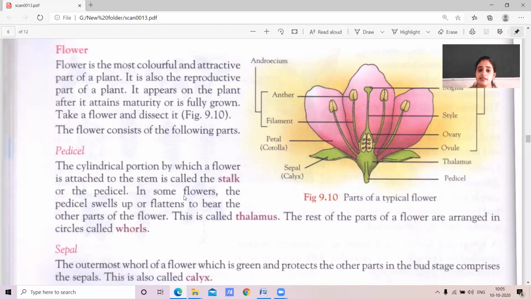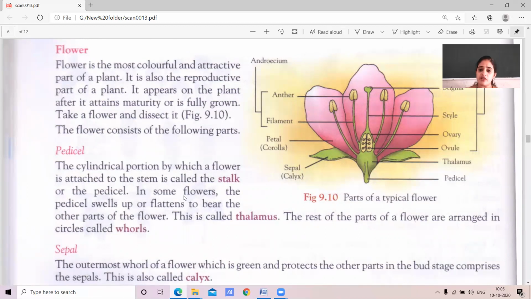It appears on the plant after the plant reaches maturity or is fully grown. Only afterwards do plants bear flowers.